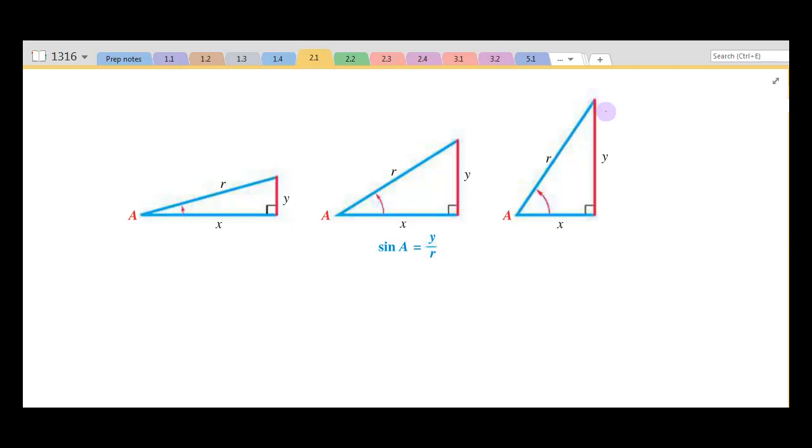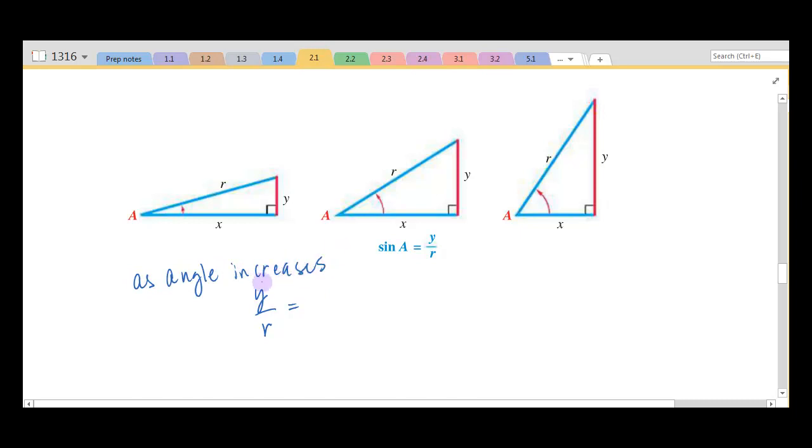And what effect is that going to have on my ratio of y over r? So if I'm looking at y over r, and I know that as A increases, as my angle increases, y is also going to increase.